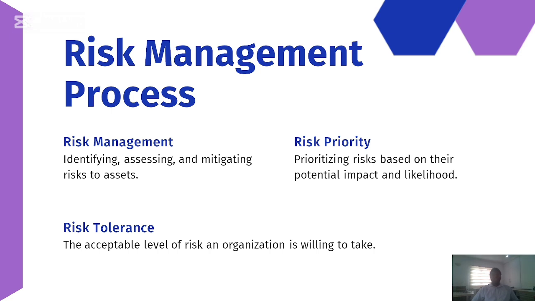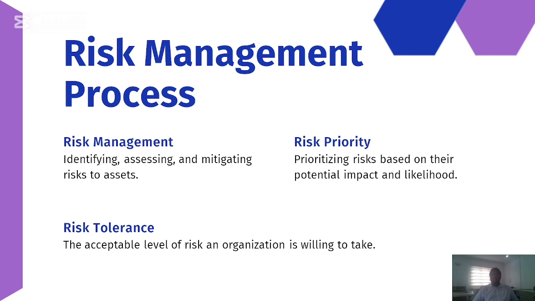So that's risk priority. Now, risk tolerance is how much risk an organization can bear that will not kill it. So, for example, your organization makes $1,000 every week. If there's a risk that is $100 a week, the organization can bear the risk and say, okay, it's $100, we'll settle it. But when an organization makes $1,000 and there's a risk that is $2,000, $5,000, the organization cannot bear that risk.